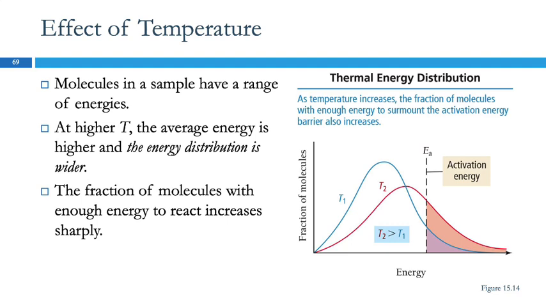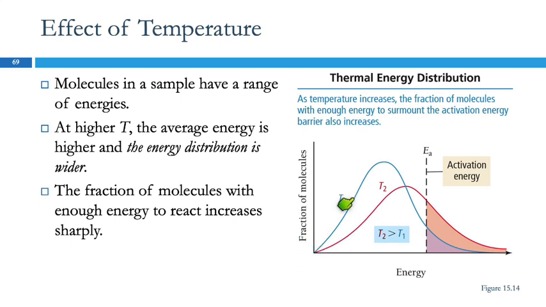So if we look at thermal energy distribution, we learned about this in Chem 1A: temperature is a measure of the average kinetic energy of the particles in a substance, but the molecules have a range of energies. So the temperature is the average, but some are really, really slow, low energy, and some are high, and we're just looking at the average.